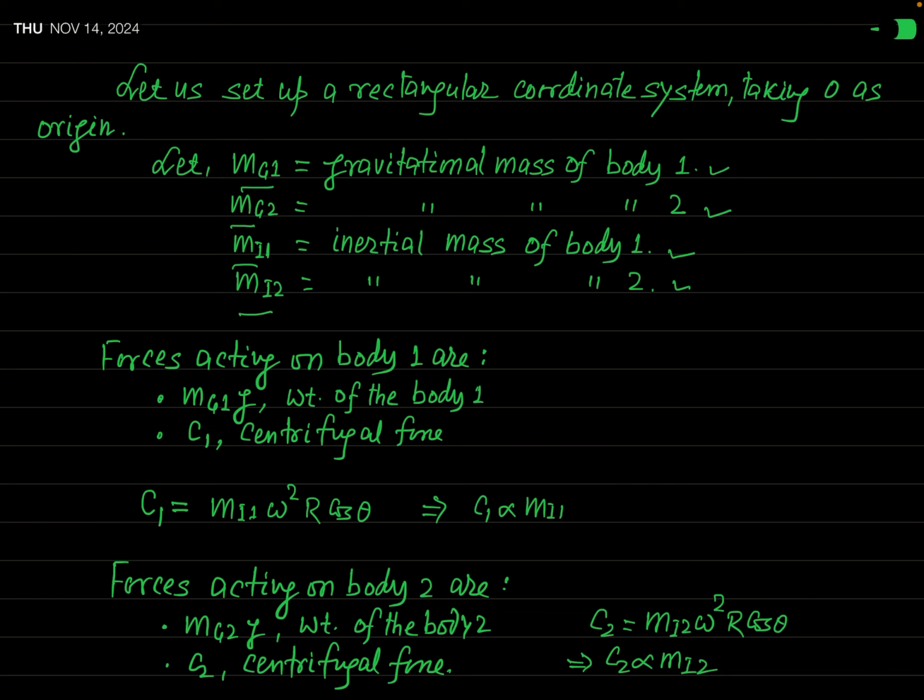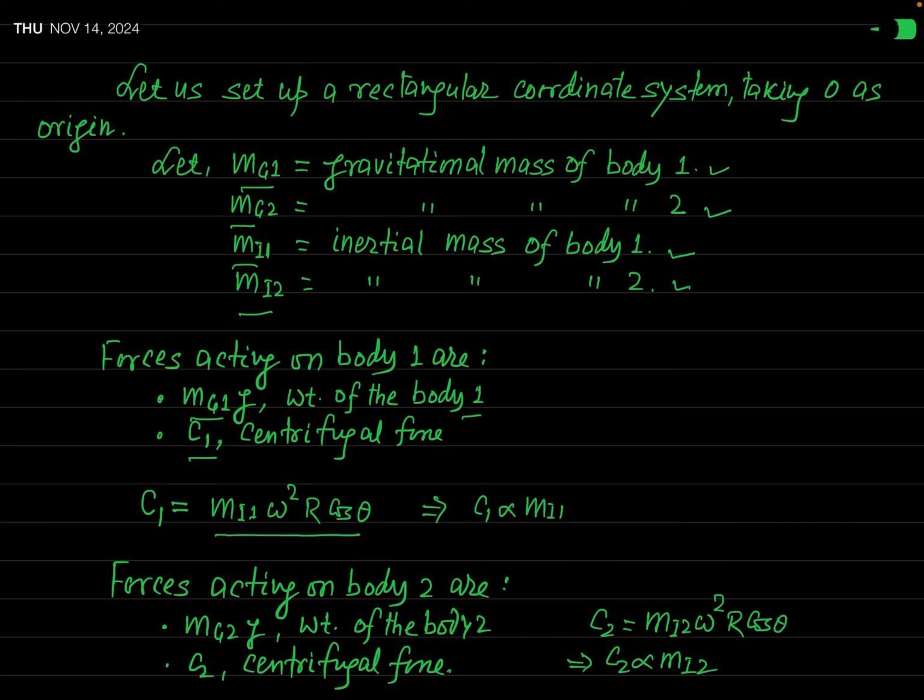As we have seen in the free body diagram, mg1 times g, small g, is the weight of body 1, the force of gravity acting on body 1. And C1, which is equal to mi1 omega square R cos theta, is the centrifugal force acting on this first object.